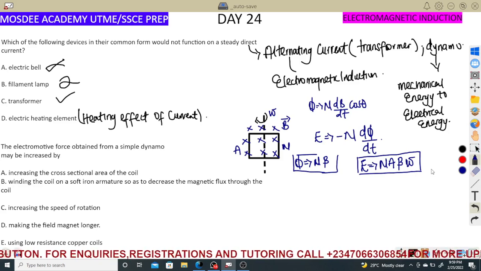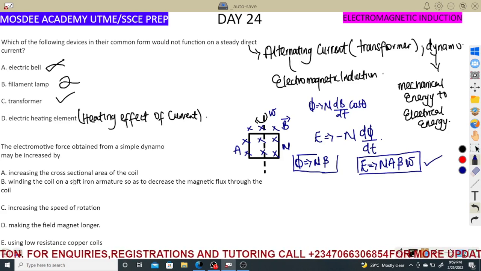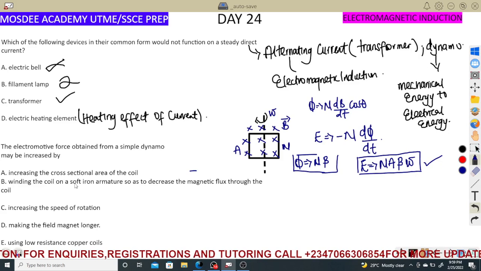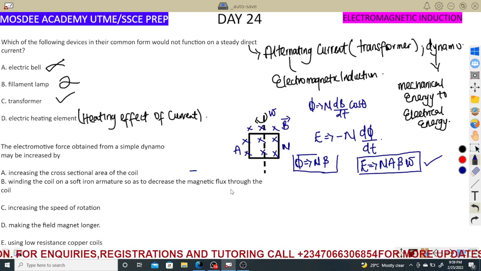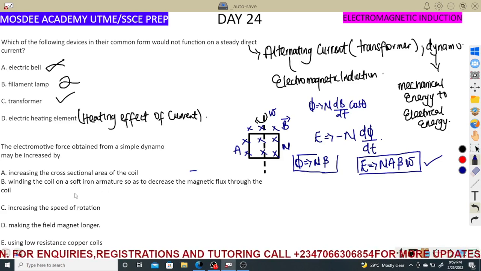We say it is equal to BINA. Remember that yesterday, if you are following the series. So from now, we can answer this question. EMF generated in a simple dynamo depends on all these factors: increasing the cross-sectional area, winding the coil on a soft iron so as to increase the magnetic flux through the coil.